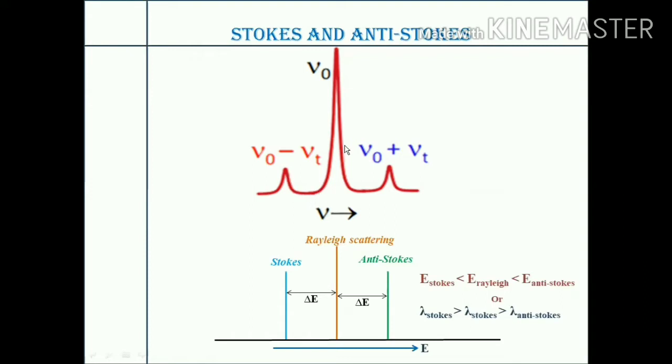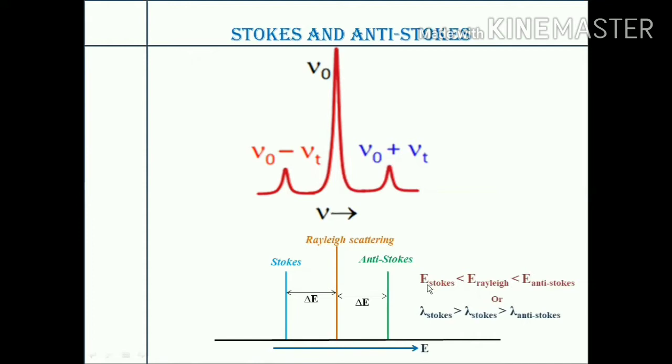Which is followed by the Rayleigh scattering. And finally, the greatest frequency value is attained by the anti-Stokes line, corresponding to the greatest amount of energy. So this can also be correlated in this manner by Planck's equation. The Stokes, Rayleigh and anti-Stokes lines are represented here in increasing energy order.